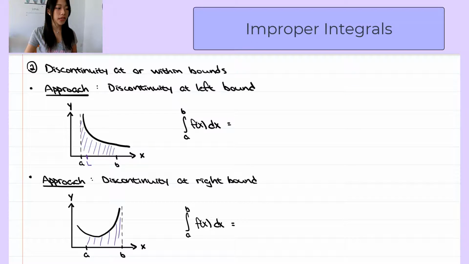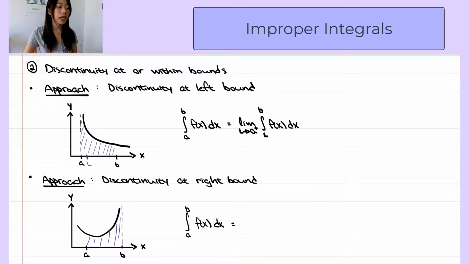In mathematical notation, this integral is the limit as L approaches a, and we use a small plus sign to denote that we are taking the right-sided limit. So the limit as L approaches a from the right of the integral of f of x evaluated from L to b.